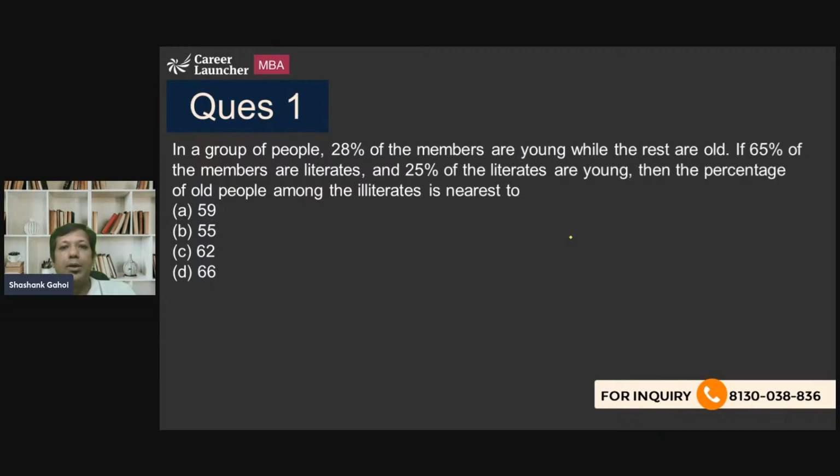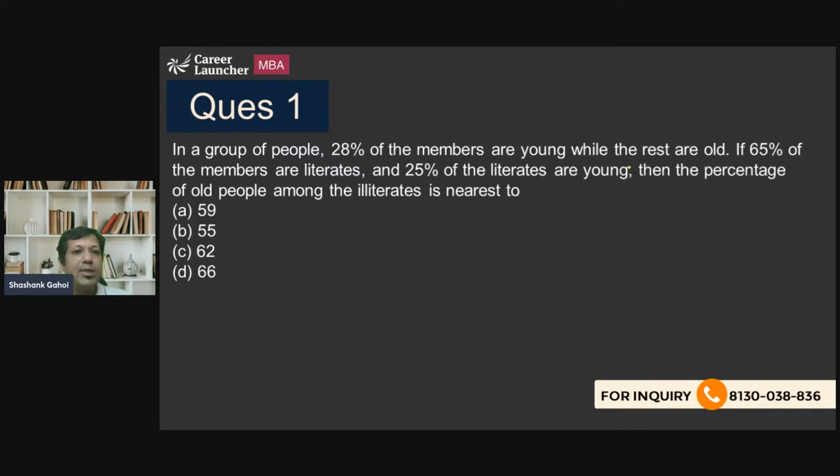So what should be the approach for these kinds of questions? Whenever you see a question like this, if you look at the data, it is given in two formats. One is in terms of age: there are young people and old people.